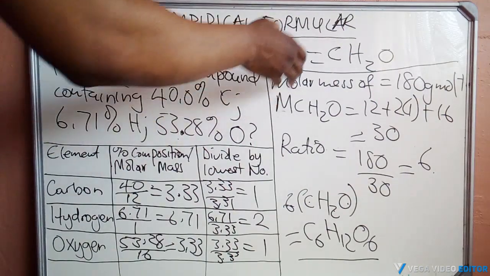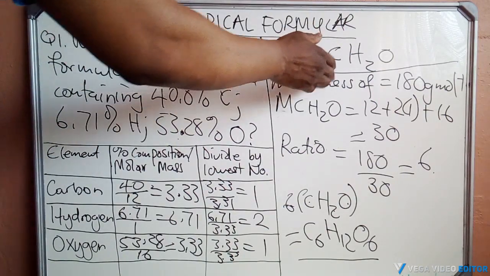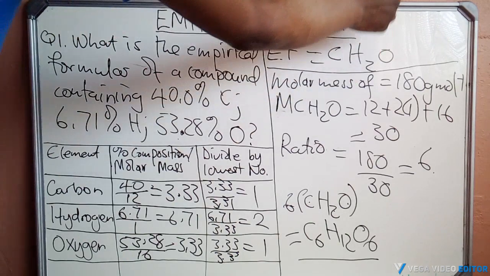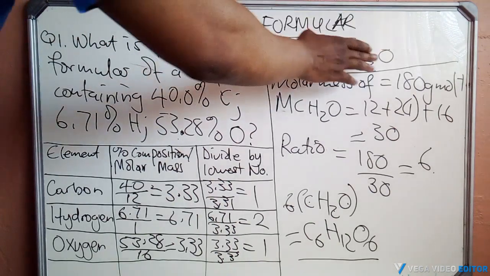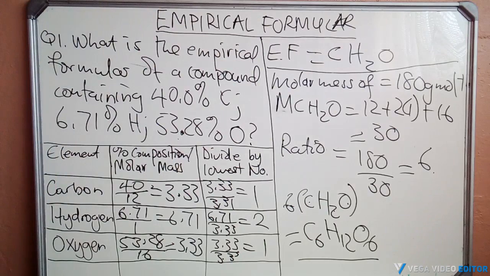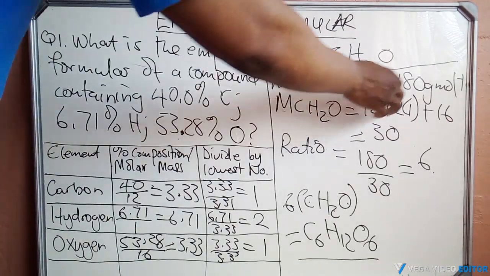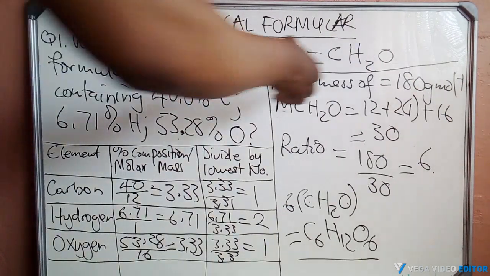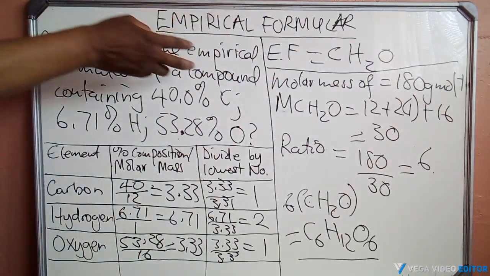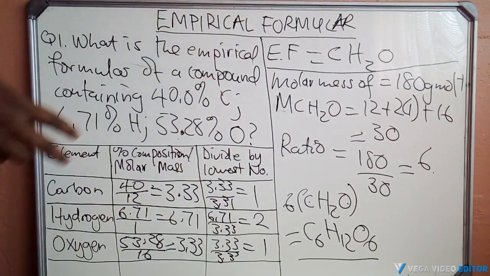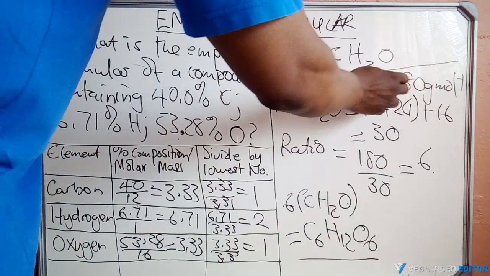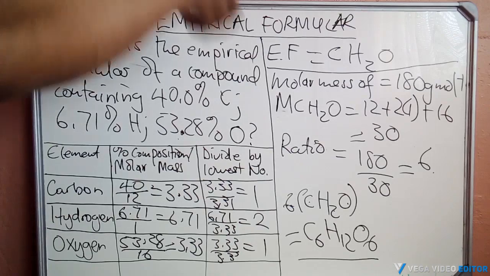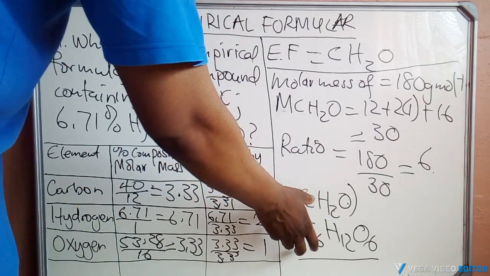Now we know that the empirical formula in our compound will have 1 carbon to 2 hydrogen to 1 oxygen. Given the molar mass of 180 grams per mole for this compound, we are able to work using this to find the actual molecular formula of our compound.